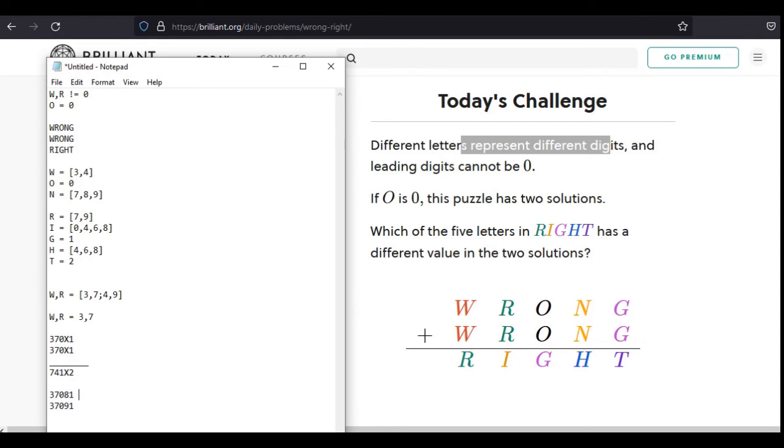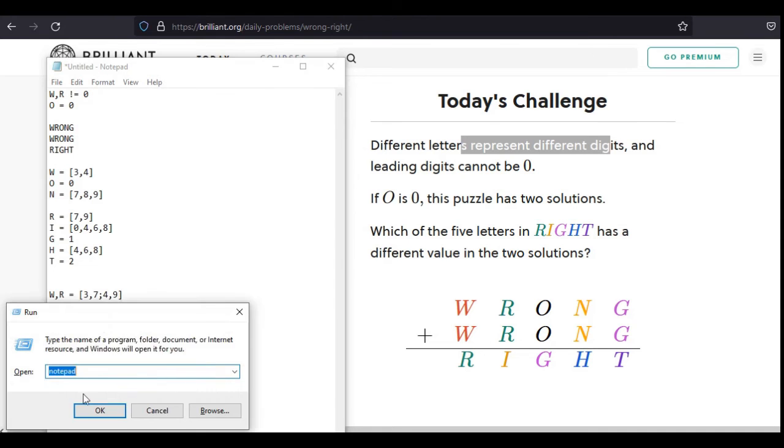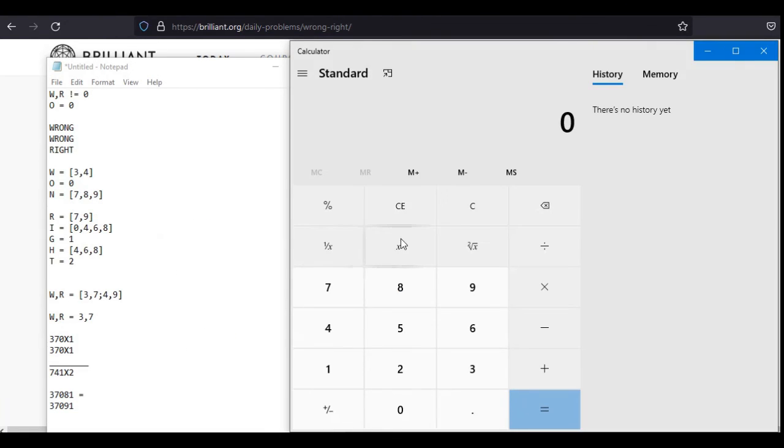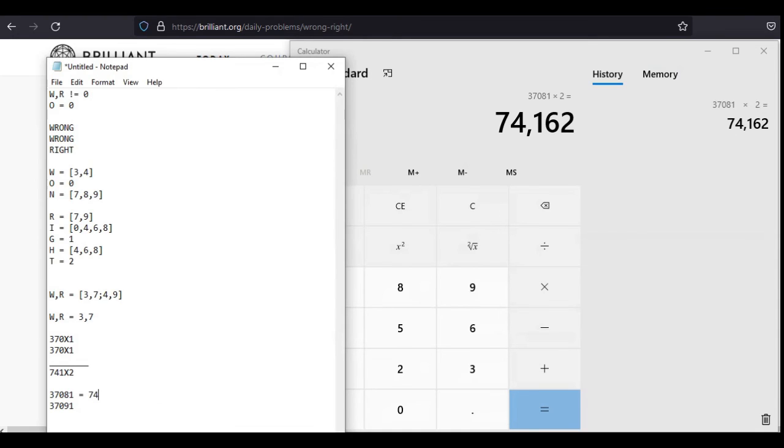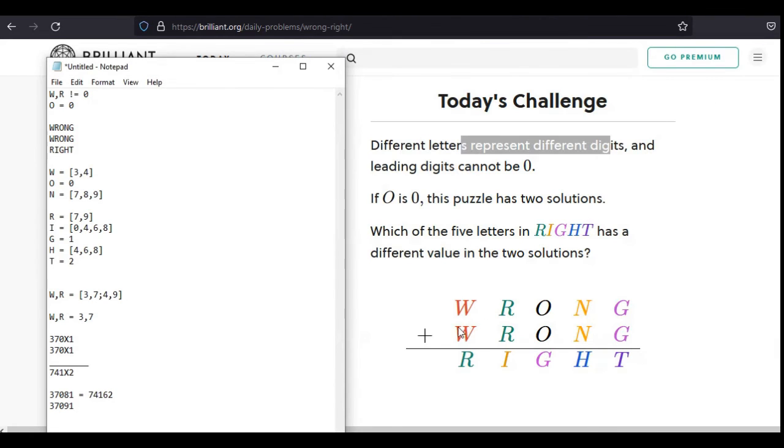Okay, if it is 37081, that would mean 37081 into 2, 74, 162, 160. Is it correct? 7, 4, 1. Oh, 1 cannot be there. Okay, 1 can be there. G is already 1. 6 is not repeated too.